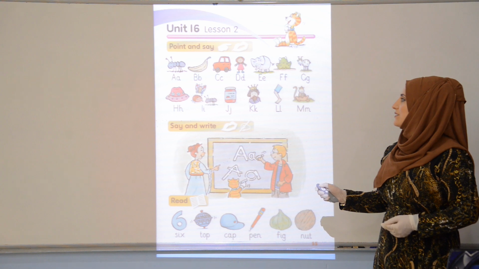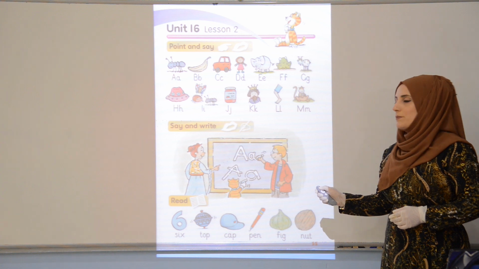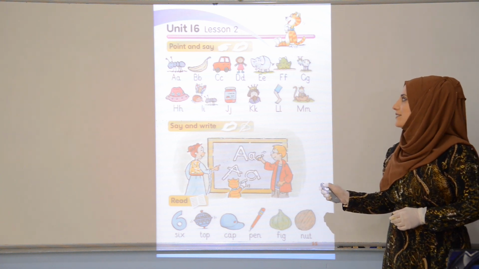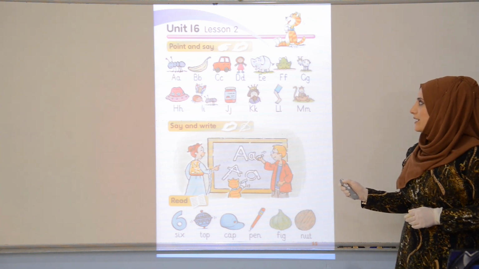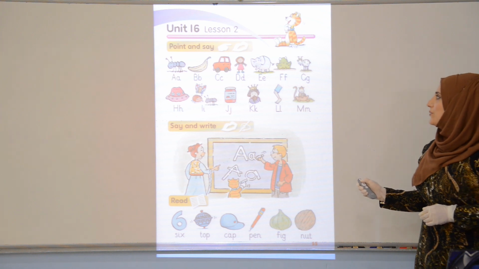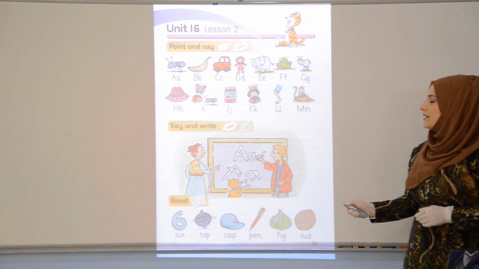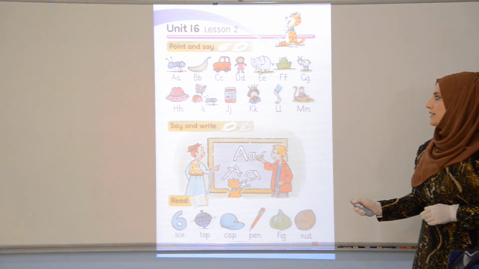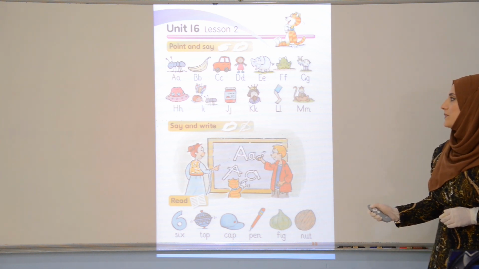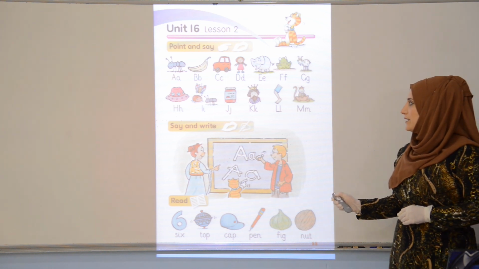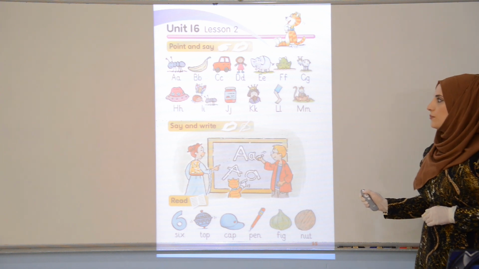Let's say together: ant, B, banana, K, car, D, doll, E, elephant, F, frog, G, goat, H, hat, I, insect, J, jam, K, king, L, leg, M, monkey.